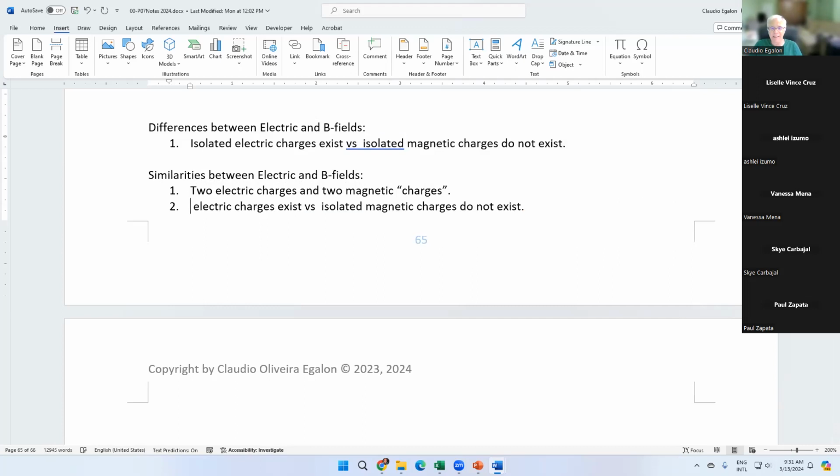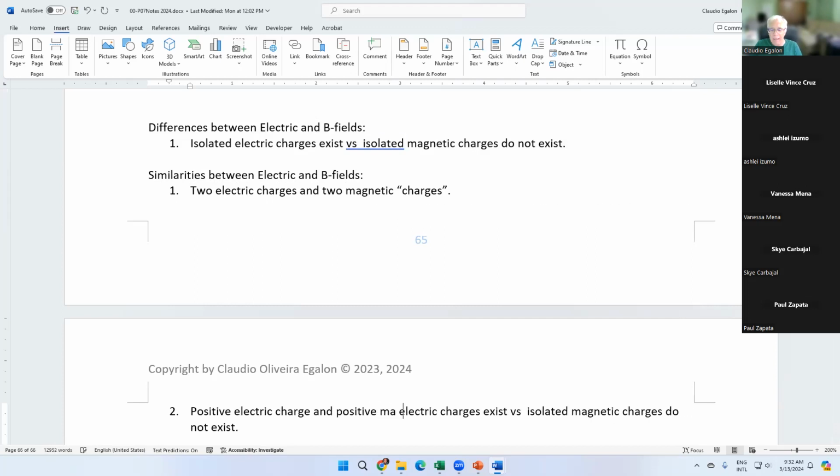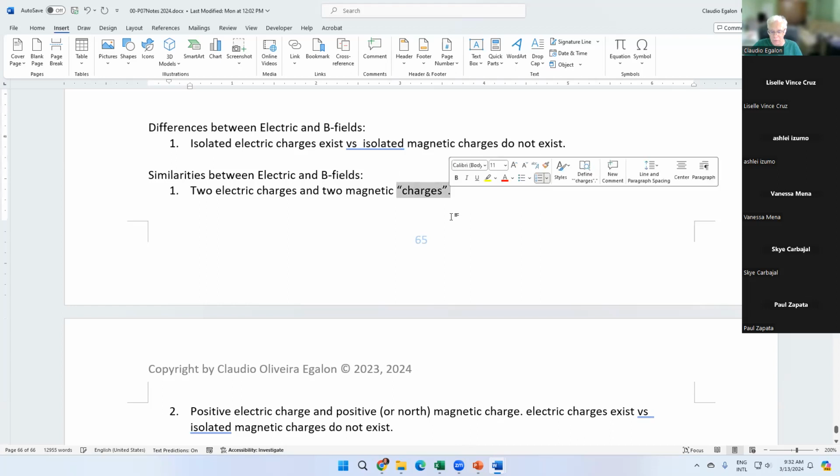A positive electric charge and a positive, or north, magnetic charge, if you want to put it between quotes.